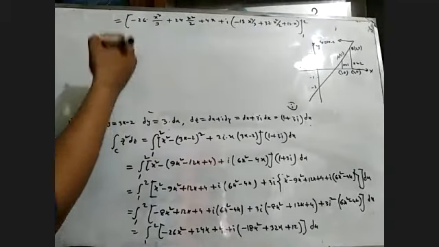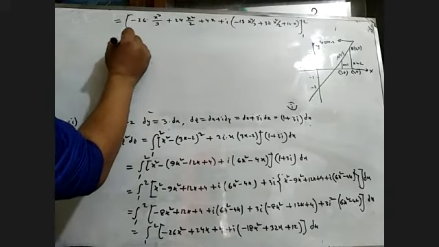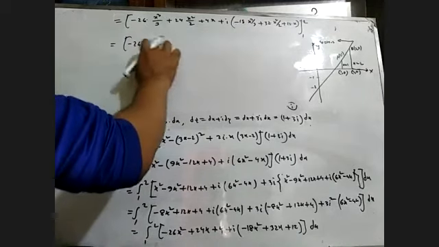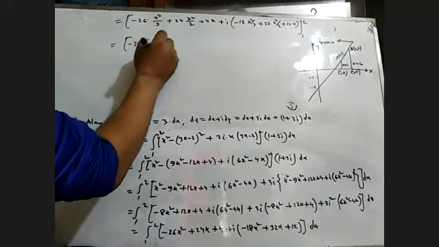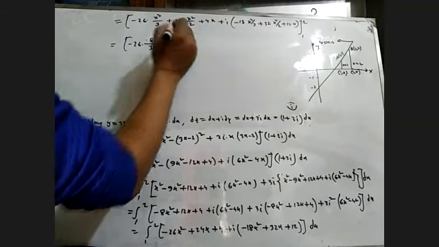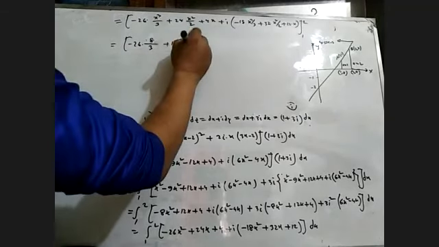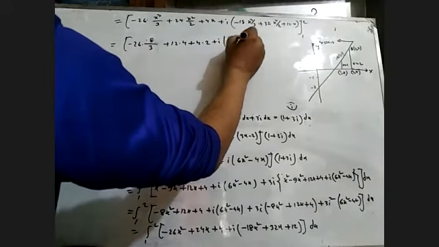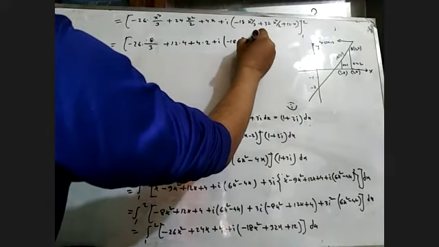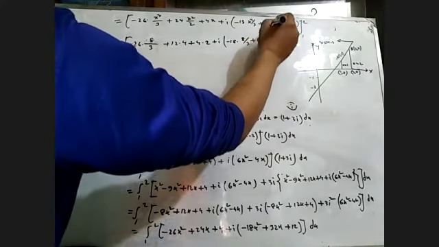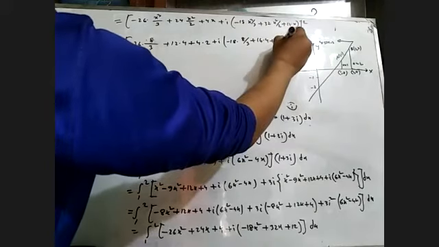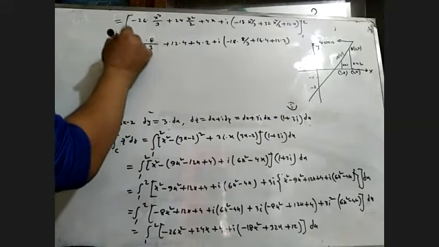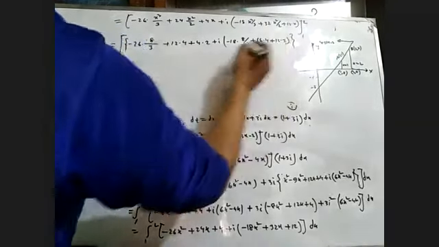Now putting upper limit: 26, 2 cube by 8, that means 8 by 3 plus 12, 4 plus 4 into 2 plus i will be minus 18 into 2 cube 8 by 3 plus 16 into 4 plus 12 into 2. This is after putting x equals to 2.